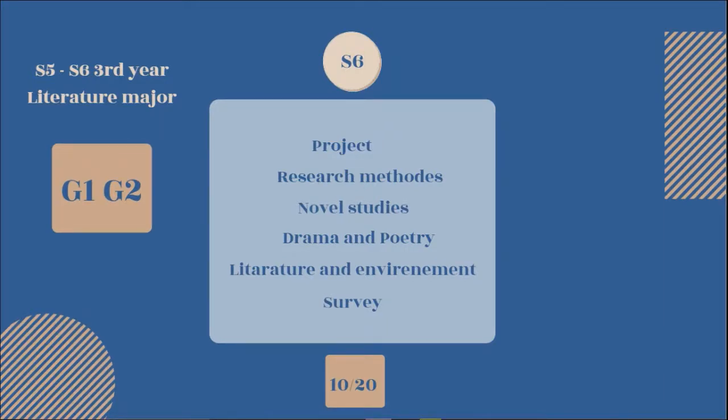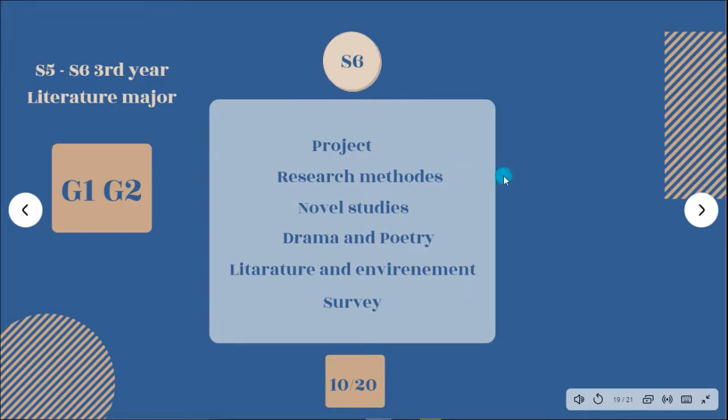Concerning marks or how marks work, well, S6 for a literature major is the same as S5. There are no two modules joined together like we saw in linguistics. So it's normal. You will have, for example, a 10 on research methods.